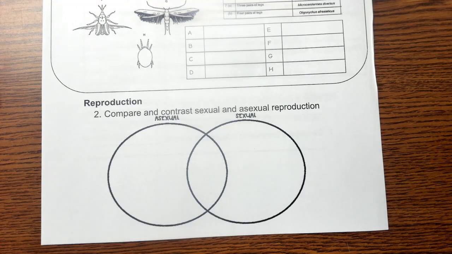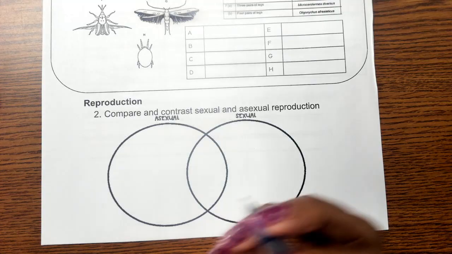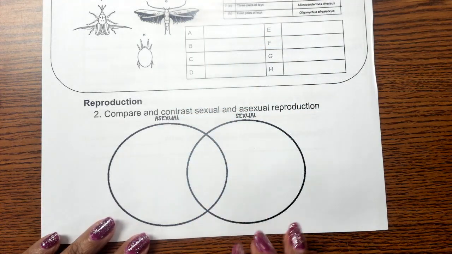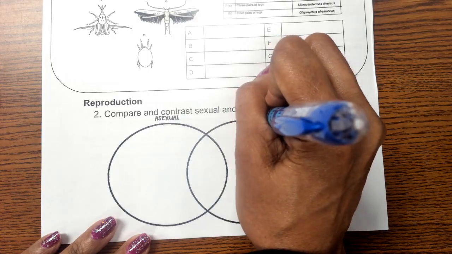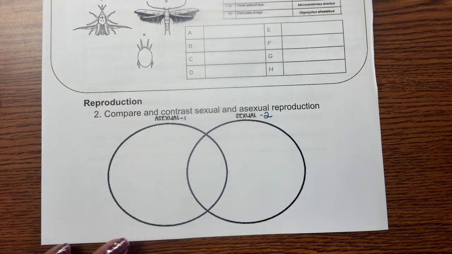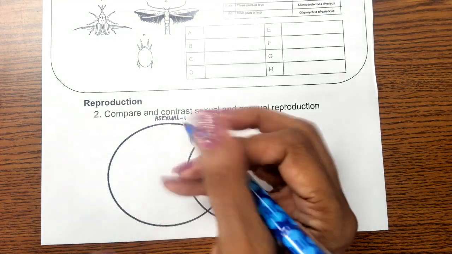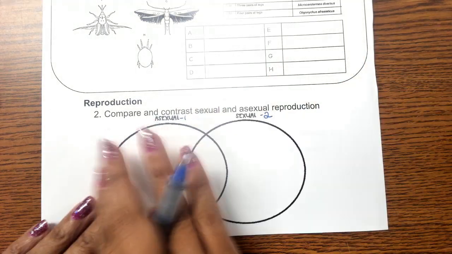All right, so let's start here with sexual and asexual reproduction. This Venn diagram compares the two. For sexual, you could put 2, and for asexual, put 1, because we all know sexual reproduction involves 2 parents, asexual is 1. Let's list out the differences.